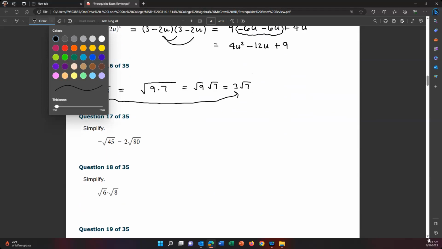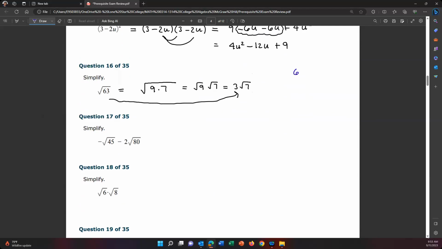We'll try to use a different color here. Let's see, maybe this color. 63. Why did I choose the 9 and the 7?